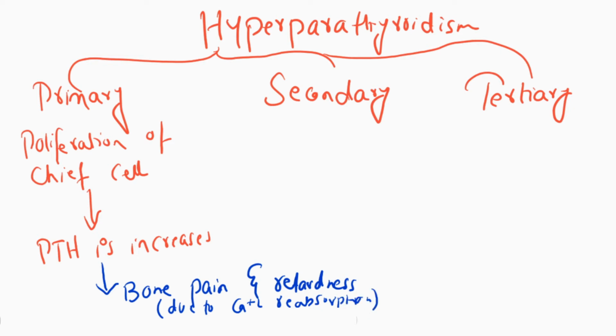The secondary condition of hyperparathyroidism is related to renal diseases. Renal diseases lead to hyperparathyroidism.